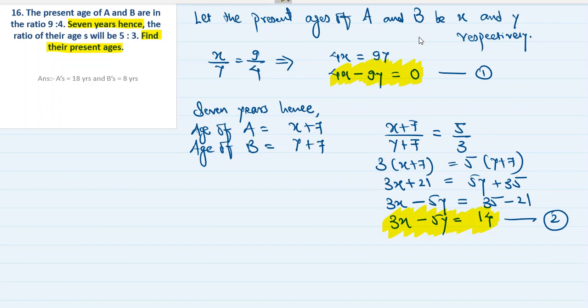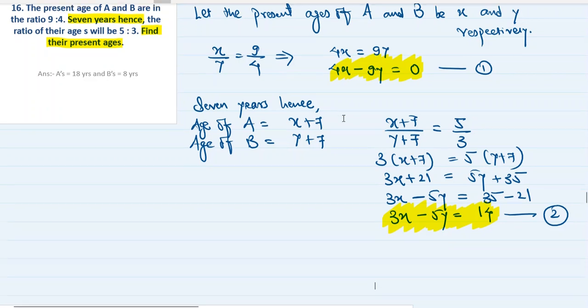Check the answer please. The age of A, that is x, is 18 and the age of B is 8. If you're correct, then that means you know how to solve linear equations, and I'm sure that you are by now learning how to form the equations as well, right? Let's go ahead.